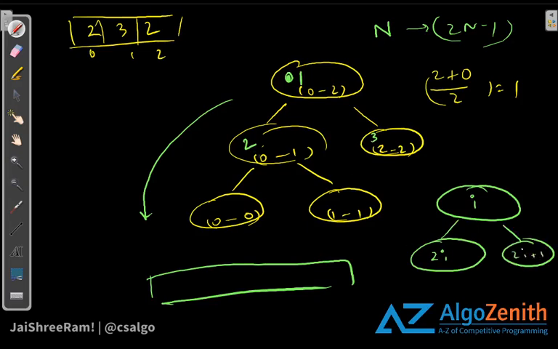So this is 2, so this child will be 4 and this will be 5, right? Hope this is clear. So in this way, whatever aggregate you wanted to store over here, you can store at this index in the array, right? Something like that. So this will be what we would be implementing in the coding section.